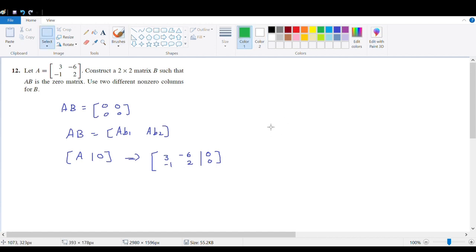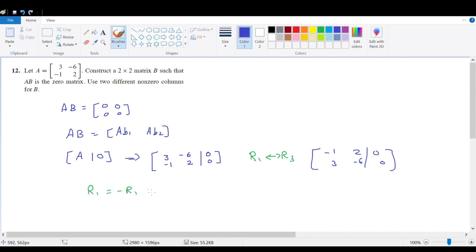We will swap row 1 with row 3. We will get here -1, 2, 0, then 3, -6, 0. Then if we multiply row 1 by -1, so we'll get row 1 equal to minus row 1.